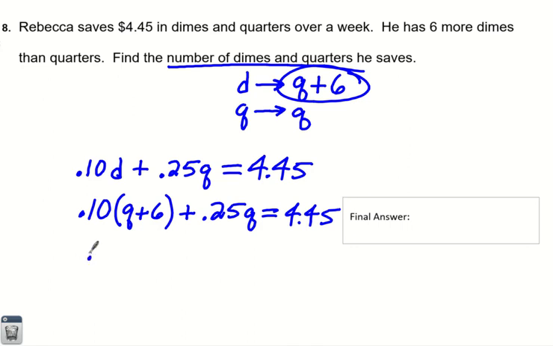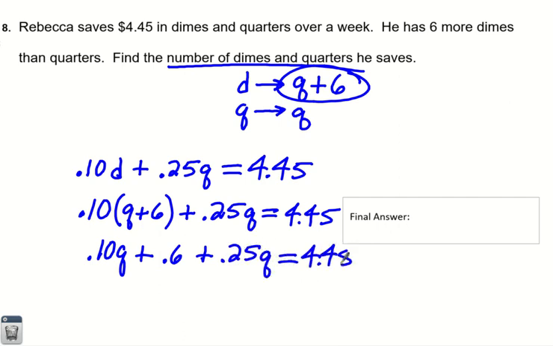So we distribute. 0.10 times q is 0.10q. 0.10 times 6 is 0.6. And I see a couple of like terms, which combine to be 0.35q.